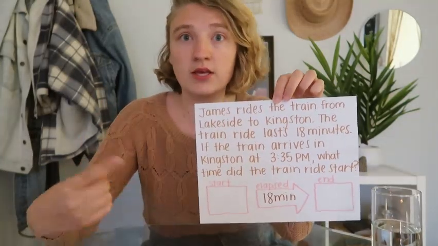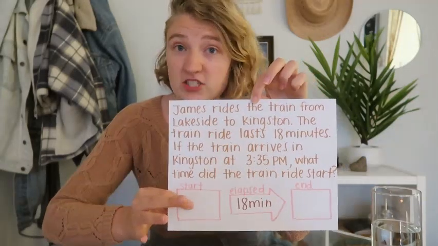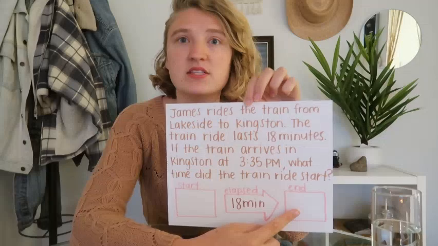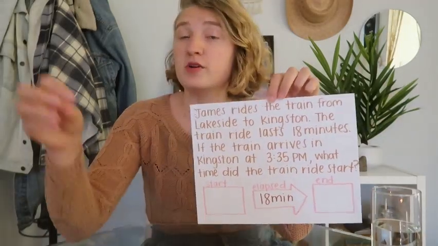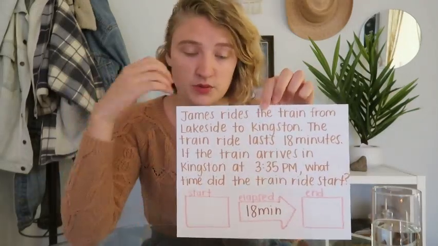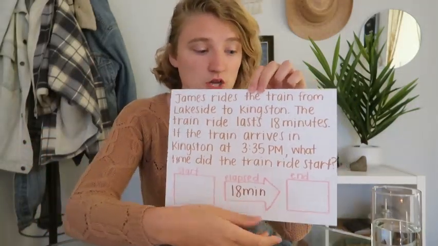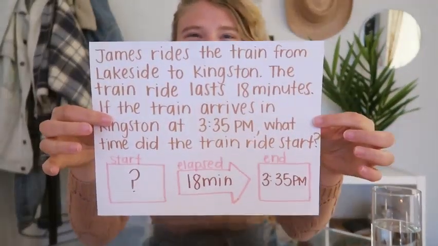We want to be thinking actively about whether that makes sense. So my start time is unknown, and the end time is the arrival of the train. It's not when it arrived to pick us up, it's when it arrived at our final location. That's really important to notice too. So I'm gonna write in 3:35 at the end, 3:35 p.m., making sure that I actually write that p.m. And then its start is the unknown, okay?